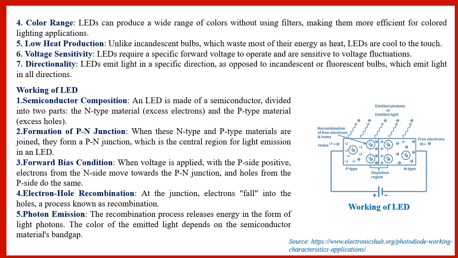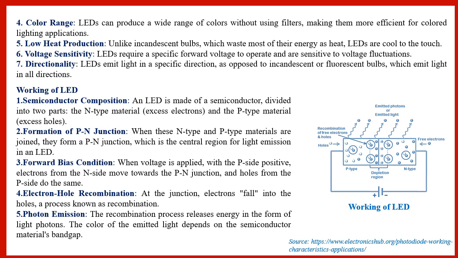At the junction, when the recombination takes place, electrons fall into the holes, and that process leads to the emission of light. The recombination process releases energy, and that energy being released is nothing but the light photons.